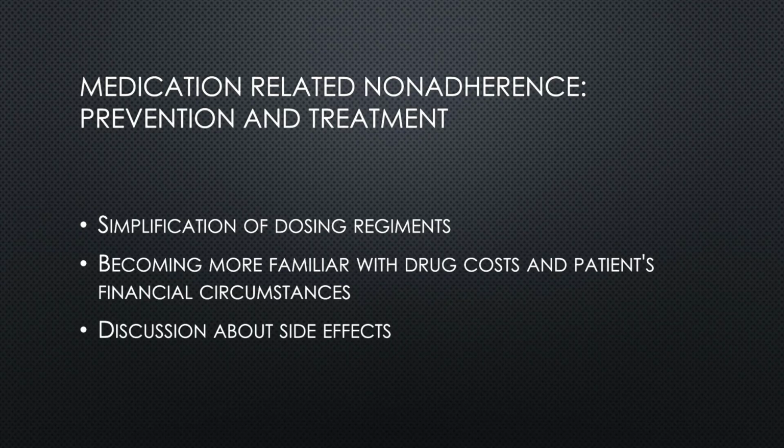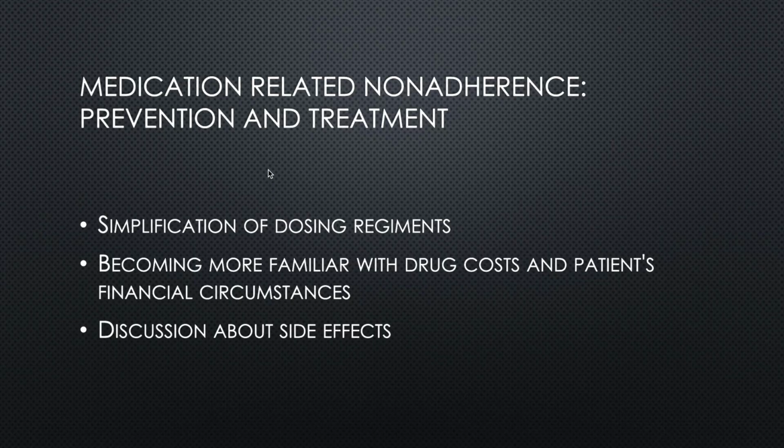Okay, now we're going to discuss prevention and treatment for medication-related non-adherence. So the first thing that we can do is trying to simplify our dosing regimens. As we talked about before, some patients may have very complex regimens, so by trying to simplify those regimens, they may have an easier time taking their medications.